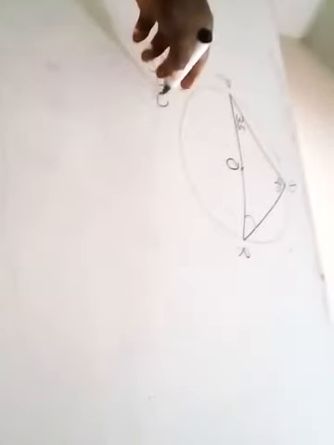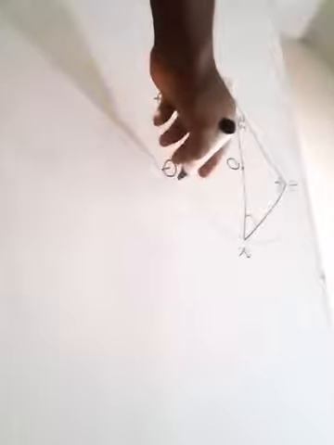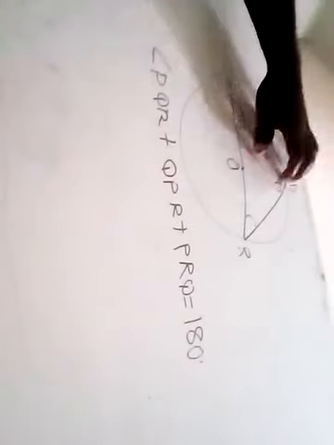So angle PQR plus angle QPR plus angle PRQ are all equal to 180 degrees. So this angle plus this angle plus this angle is 180 degrees.